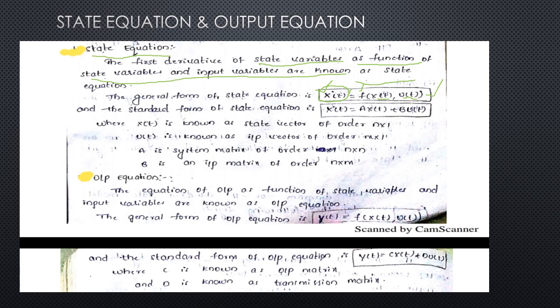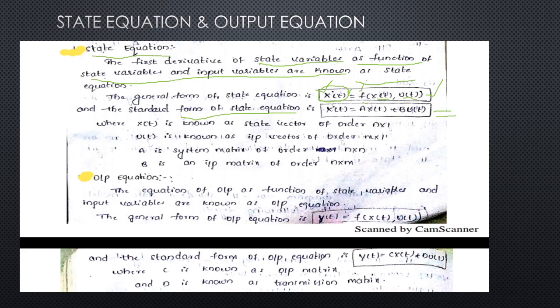The standard form of state equation is x dot of t is equal to A into x of t plus B into u of t. So very important equation. Remember this. x dot of t is equal to A into x of t plus B into u of t, where x dot of t represents the first derivative of state variables, x of t represents the state vector in which the elements are state variables, u of t represents the input vector in which the elements are input variables.